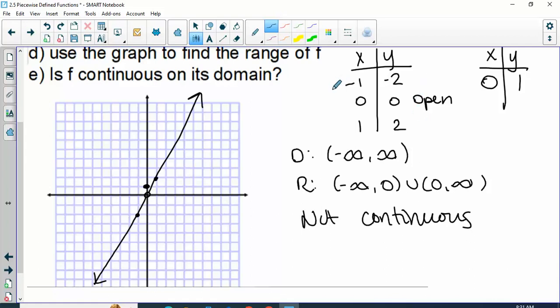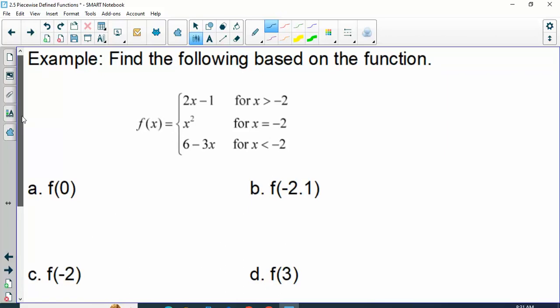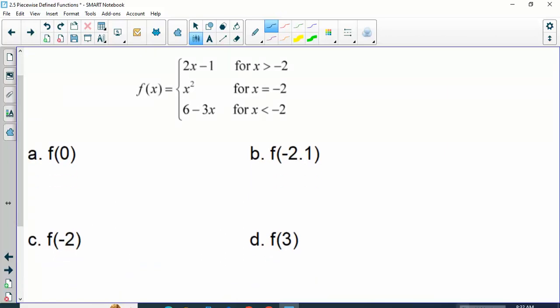Okay, I want to do one last slide then for today. So this one I'm not asking you to graph, I'm just asking you to evaluate each of these. So I want you to take a minute on your own and try. So f of 0, which piece do we plug 0 into? 0 is greater than -2. So we get -1.